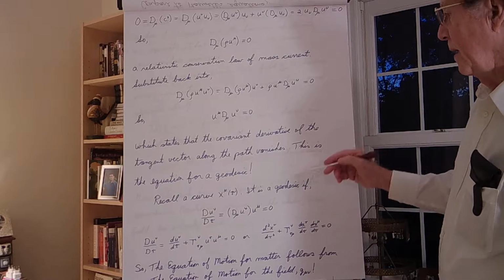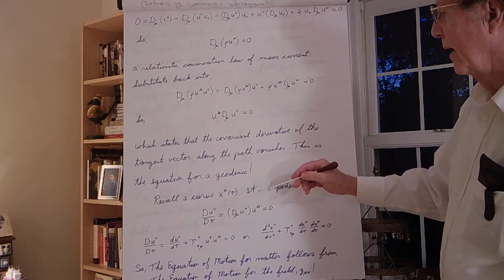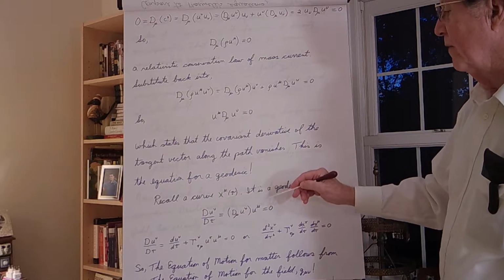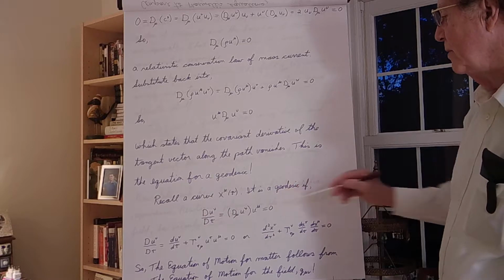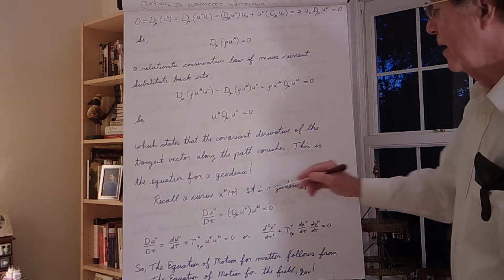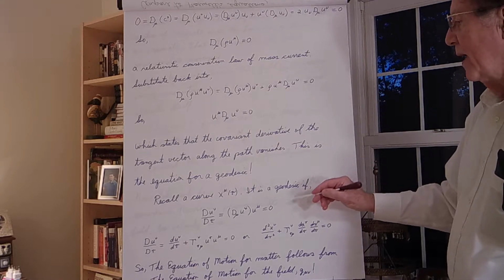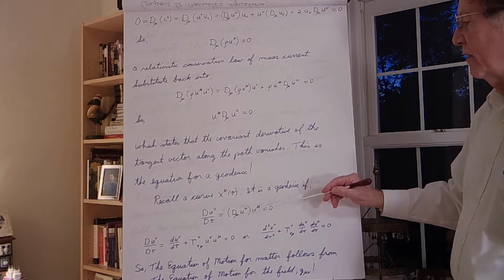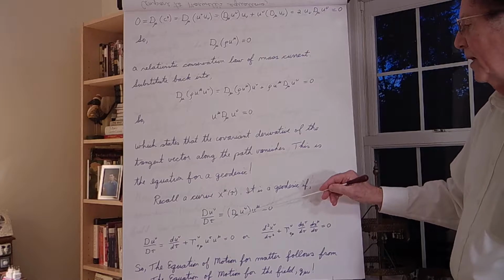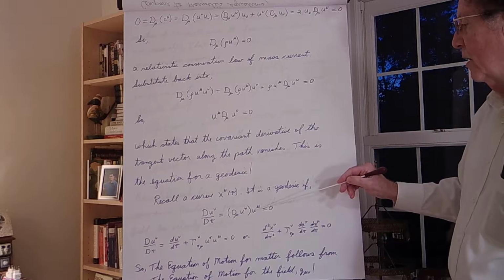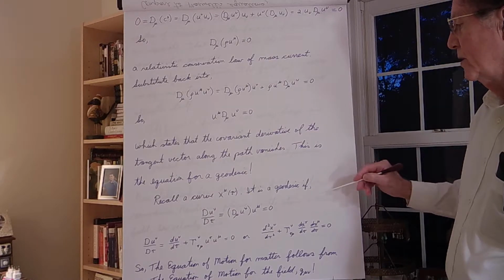In particular, I can go back to my equation for the geodesic, which was the covariant derivative of u with respect to tau equal to 0. Then we wrote that out in a particular coordinate system as the covariant derivative in the mu coordinate applied to u nu, contracted against u mu, equal to 0.